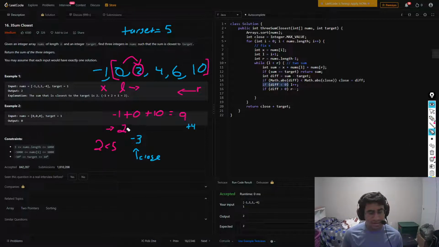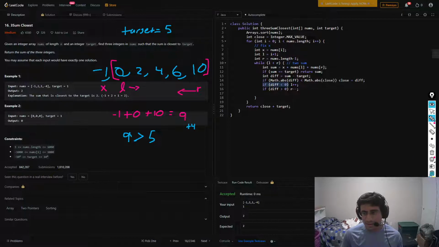So for example, if we had 9, right, in the first iteration, so 9 was greater than 5, right? 9 was greater than 5. So since the difference, which was positive 4, is greater than 0, we want to decrease the sum.